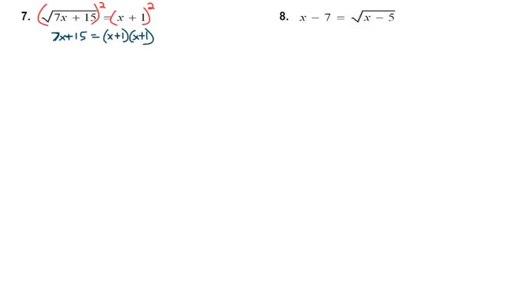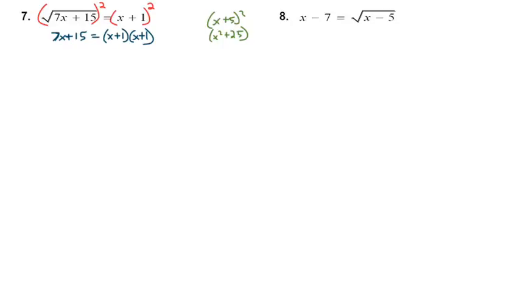Now, let me get on a bit of a soapbox here for a second. It's very common for me to see x plus 5 squared written as x squared plus 25. You just squared the left, you squared the right, and that seems reasonable. However, x plus 5 squared is x plus 5 times x plus 5.